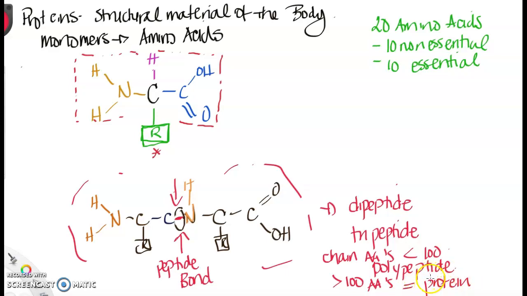All right, so proteins come in different shapes, okay? When they are formed, we link them together in a line, and we make a big line of amino acids. That structure of a protein is called a primary structure.